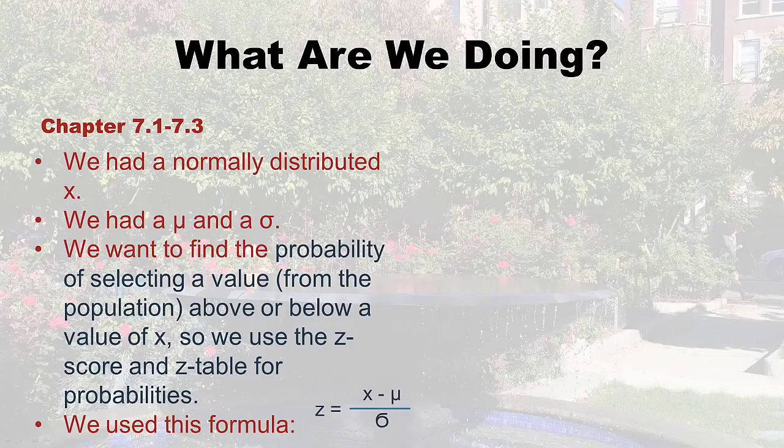We kept finding the probability of selecting an x from that population above or below a certain value, looking up the z-score and the z-table probabilities. Basically we were converting x to z, using this formula. Whenever we had an x, we could put it on the z distribution and figure out the probability.